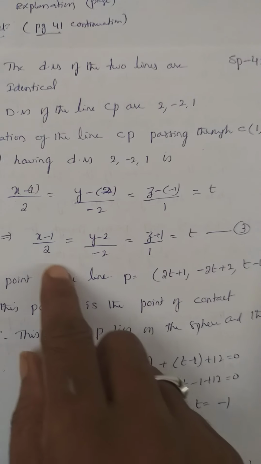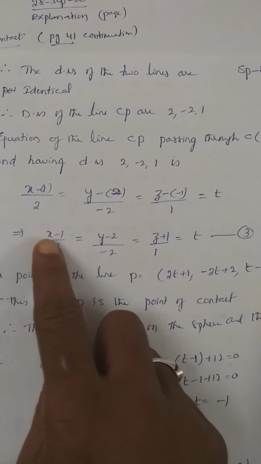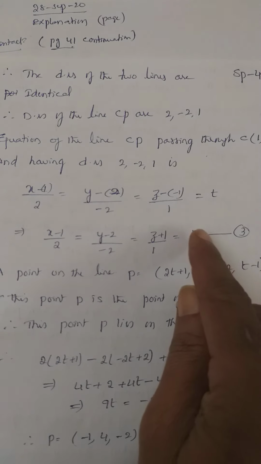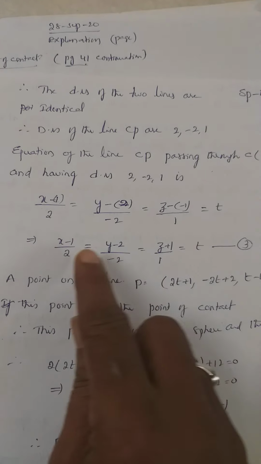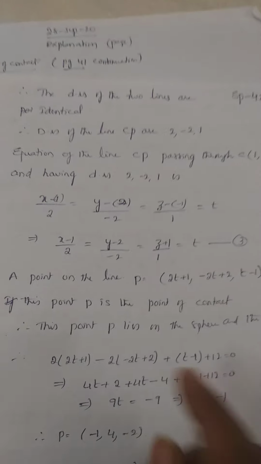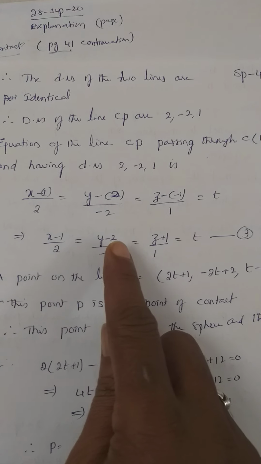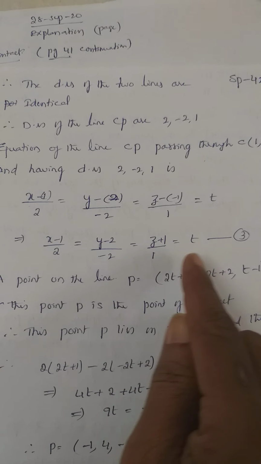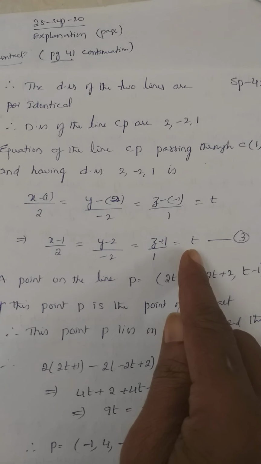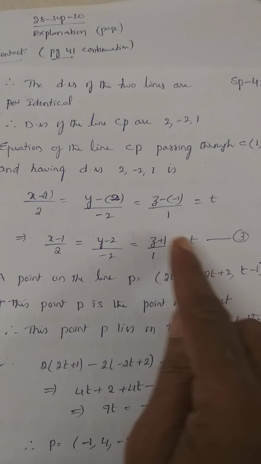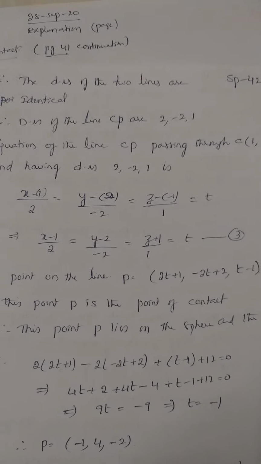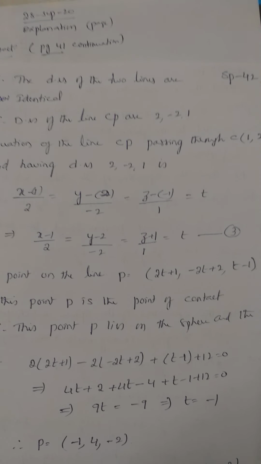Now each term equated to t: (x minus 1) by 2 is equal to t means x minus 1 is equal to 2t, x is equal to 2t plus 1. Similarly, (y minus 2) by minus 2 is equal to t means y minus 2 is equal to minus 2t, y is equal to minus 2t plus 2.